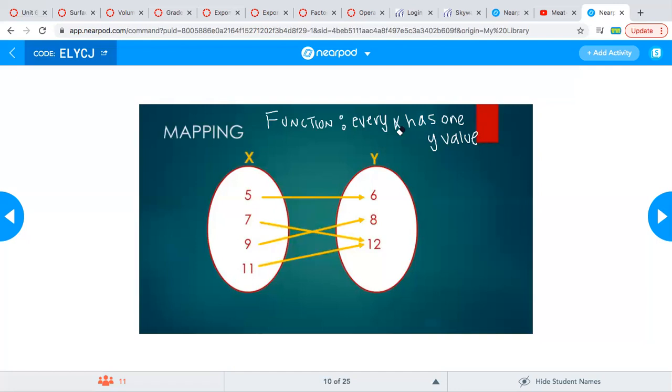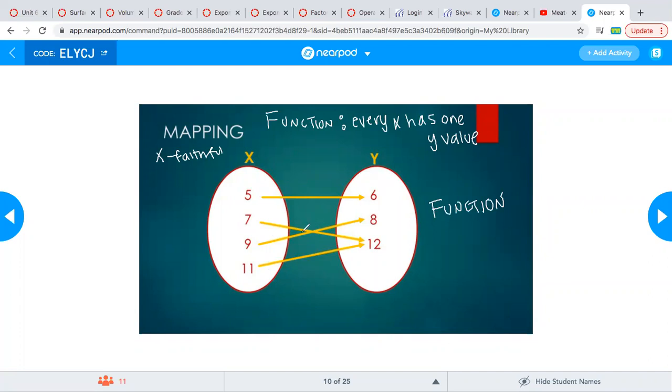The definition: every X has one Y value. So do y'all think this is a function, yes or no? Remember, X is faithful. X has to be the faithful one. Does X have only one Y value? 5 is with 6. 7 is with 12. 9 is with 8. 11 is with 12. Though they're sharing the same y value, it doesn't matter. Every x only has one arrow coming out of it. Every x only has one y. So yes, this is a function.